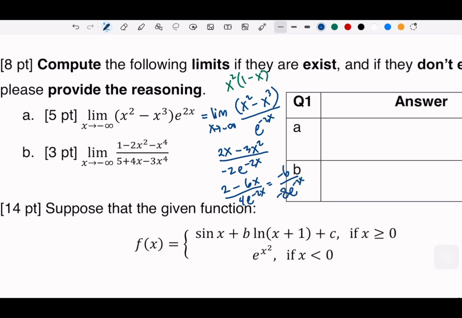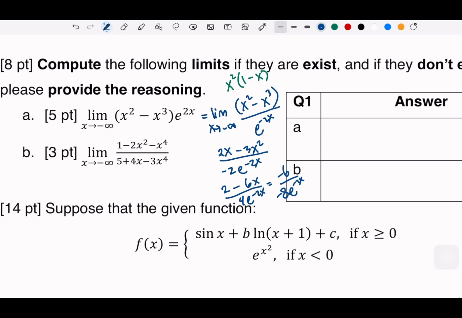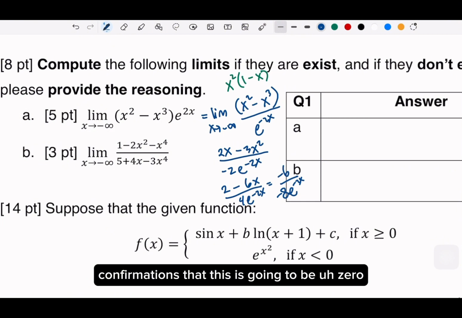But somehow, if you see from our original limit, you can draw a conclusion that since the e is going to be faster, then it can be 0. You can check from some L'Hopital to give some confirmation that this is going to be 0.